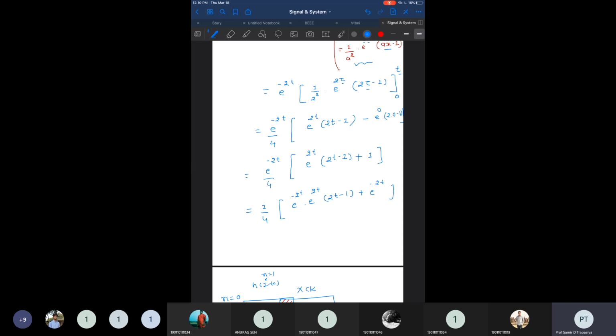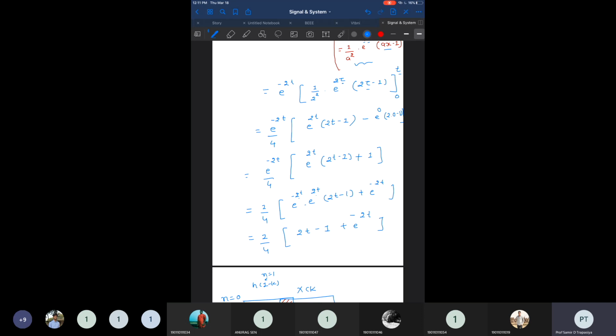We multiply e raised to minus 2t inside the bracket, so e raised to minus 2t and e raised to 2t become 1, so we are left with 1 by 4 into 2t minus 1 plus e raised to minus 2t. That is the final answer, and that is the result of this convolution.